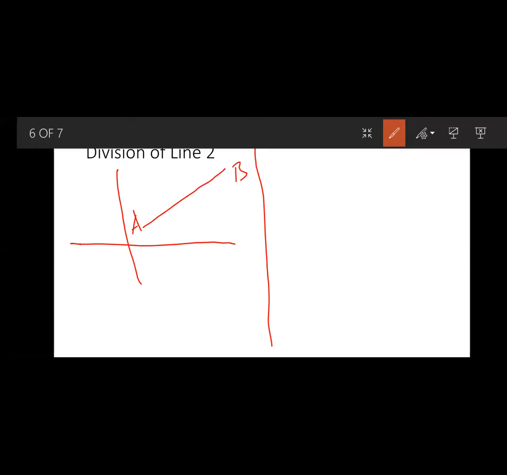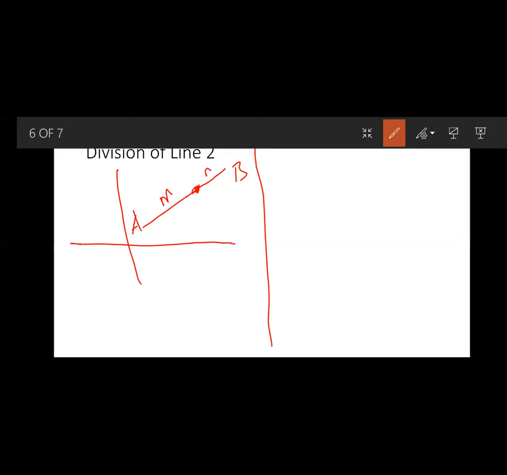Let's say ratio M to N. Maybe this one is M, this is N. So our M sometimes can be 3 and our N be 2. So in this case, we have internal and external division.